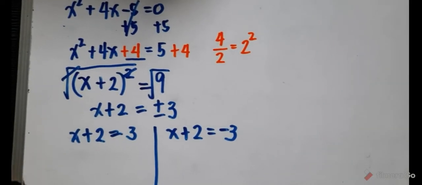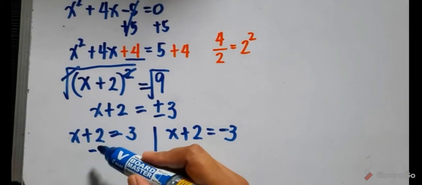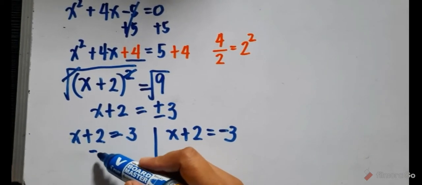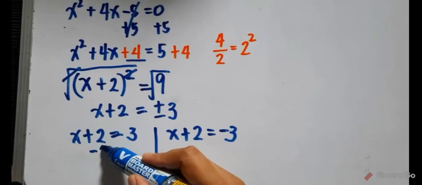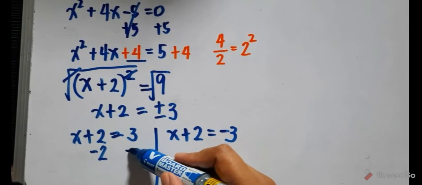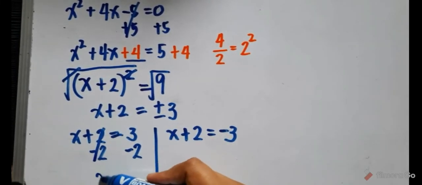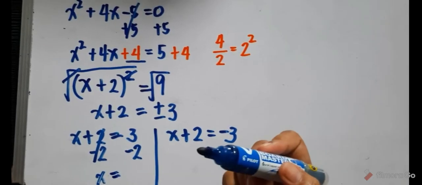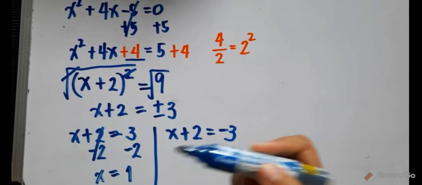Okay. Then what's next? We solve by the addition property of equality, or get the inverse of positive 2, that's negative 2, on both sides of the equation. So this is now 0. We now have the value of x is equal to positive 3 plus negative 2, which is equal to 1.